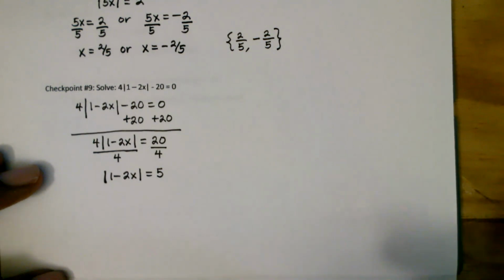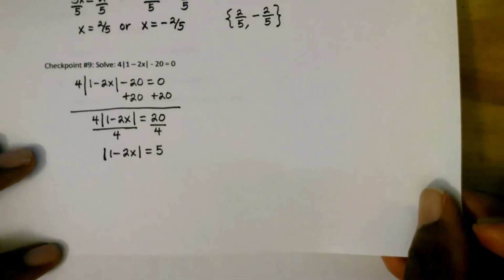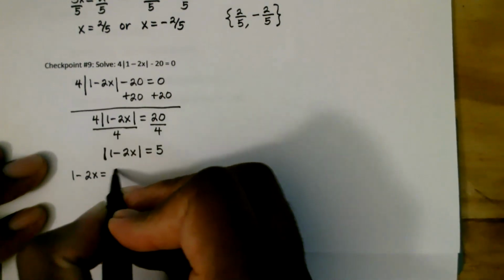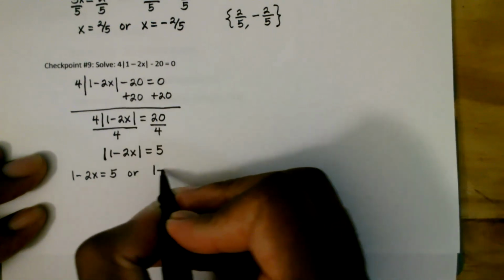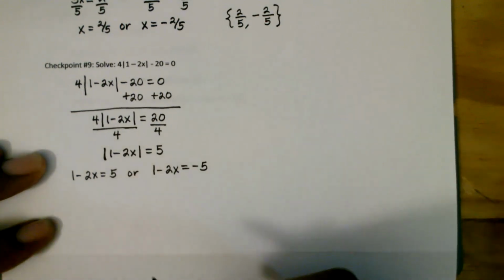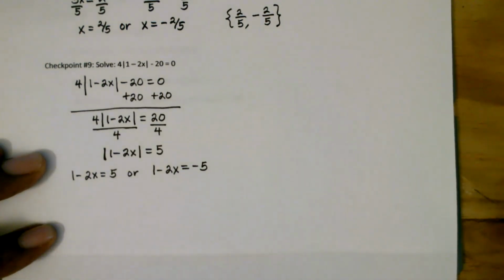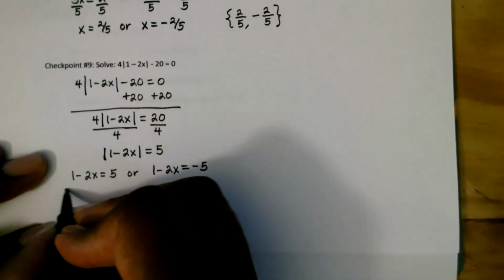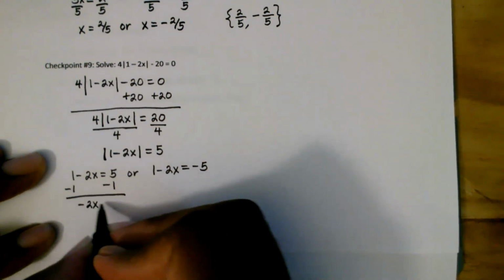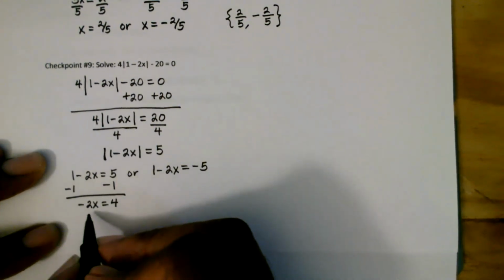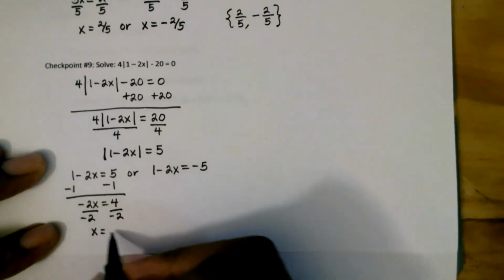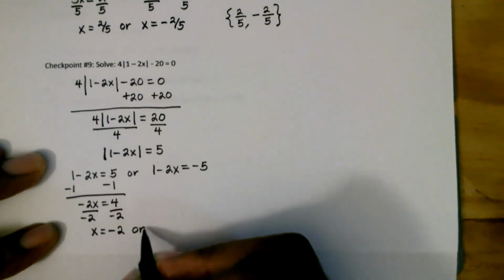And now, since the absolute value is by itself, we can go ahead and write our two equations. The first equation will be 1 minus 2x is equal to 5, or 1 minus 2x equals negative 5. And then for each equation, we'll solve for x. For 1 minus 2x equals 5, I need to subtract 1 on both sides. So it'll be negative 2x is equal to 4. Divide both sides by negative 2, and you get x is equal to negative 2.